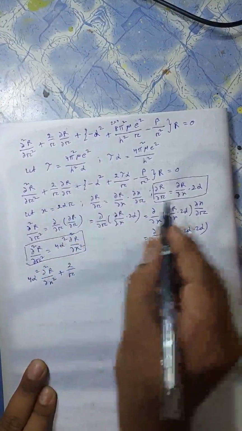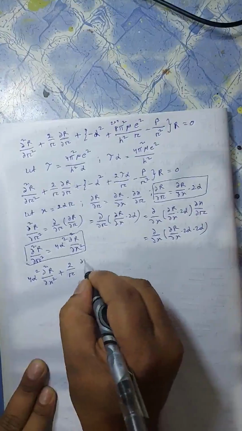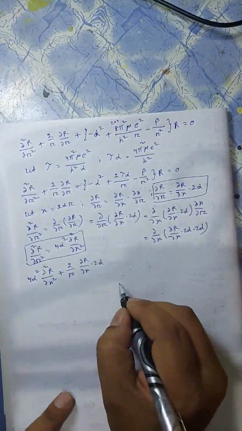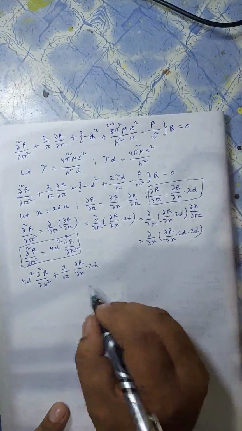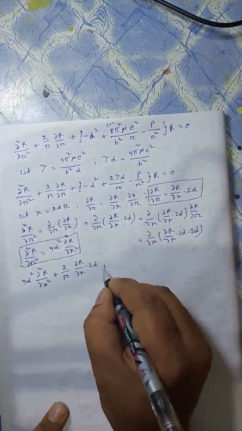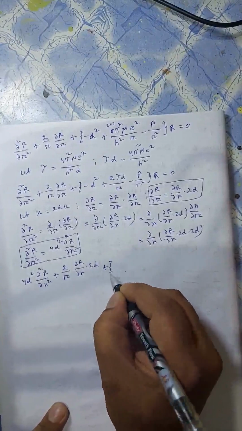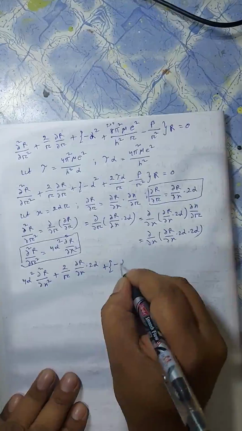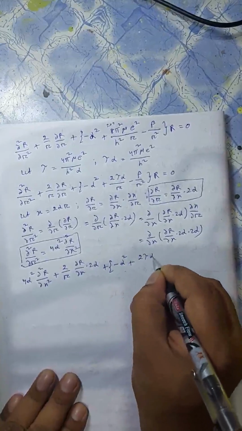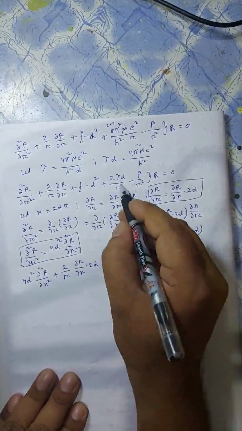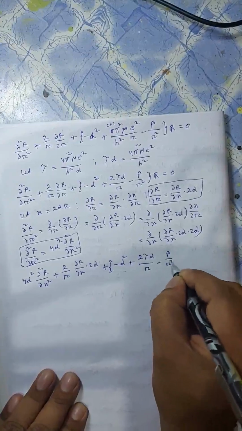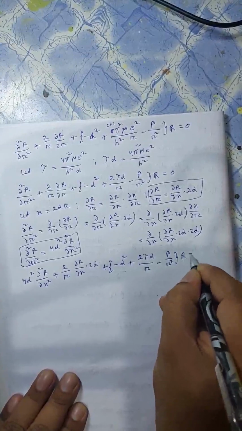In this place I have to write ∂R/∂x into 2 alpha, ∂R/∂x, 2 by r, ∂R/∂x into 2 alpha, plus whatever remains as such, minus alpha square plus 2 lambda alpha by r, minus beta by r square, whole bracket R equal to 0.